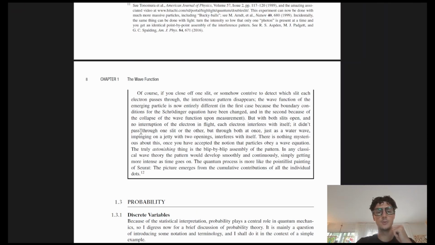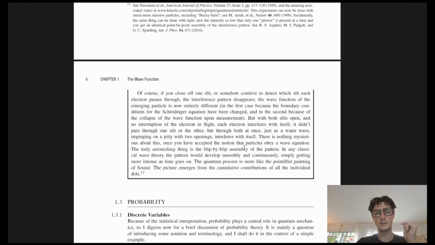But with both slits open and no interruption of the electron in flight, each electron interferes with itself. It didn't pass through one slit or the other, but through both at once, just as a water wave. Imagining a water wave impinging on a jetty with two openings. Jetty? What is this? Interferes with itself. There's nothing mysterious about this.